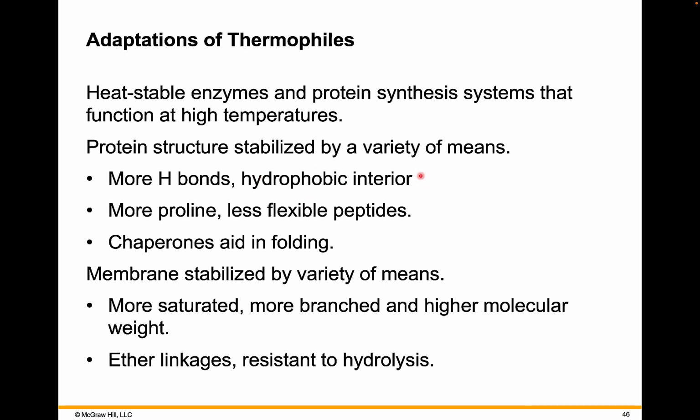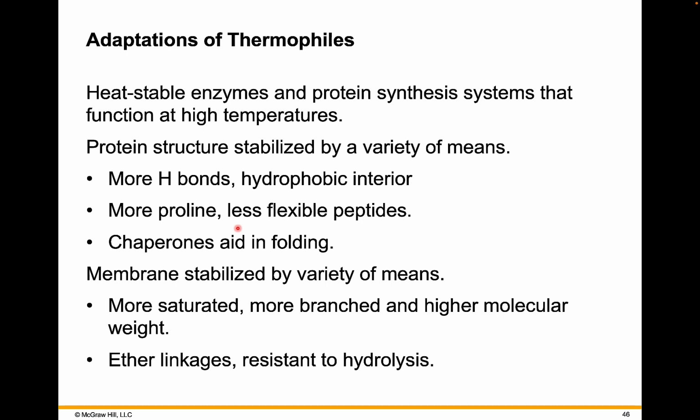Also, these proteins contain hydrophobic interiors where the hydrophobic amino acid side chains interact with other hydrophobic amino acid side chains. These are very stable interactions. And there is more proline. Proline is a very interesting amino acid which has a very rigid structure, and it can be formed in a cis and a trans form.